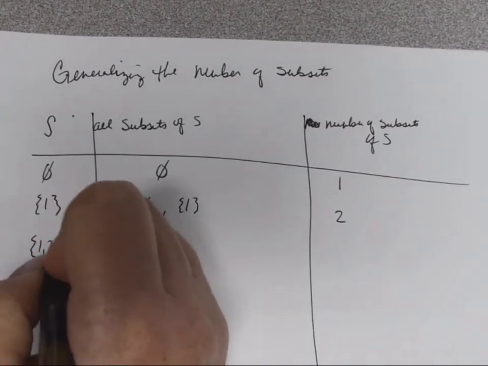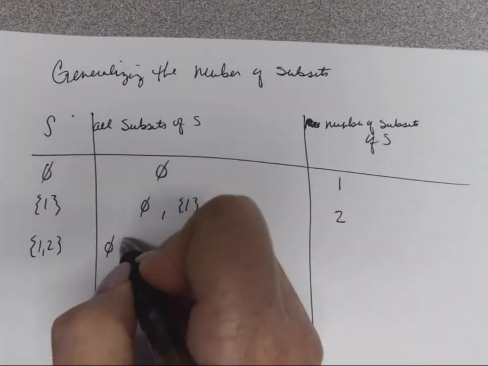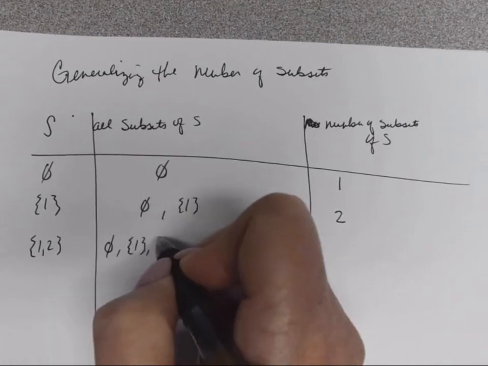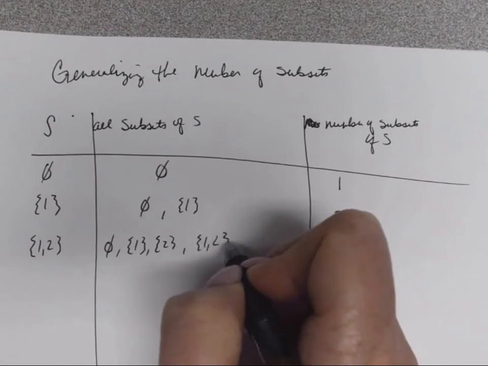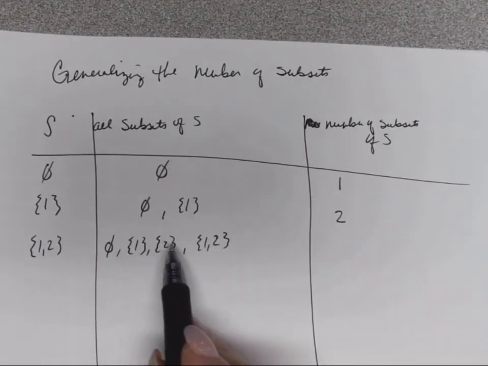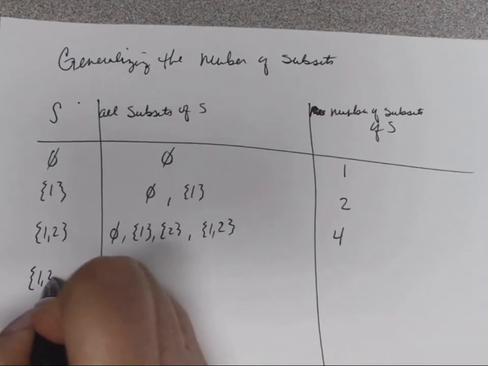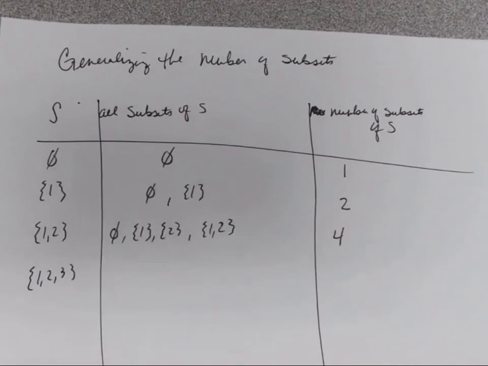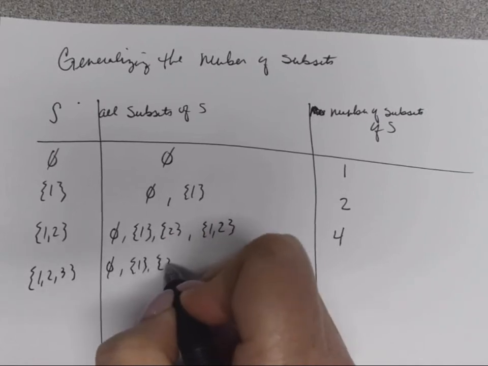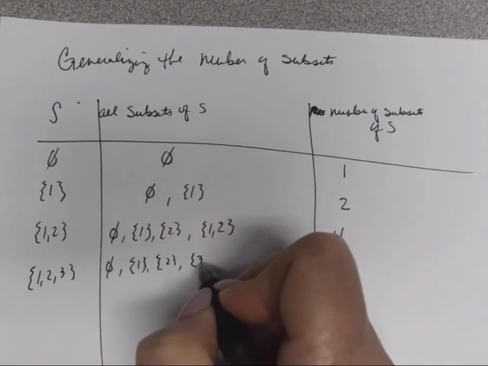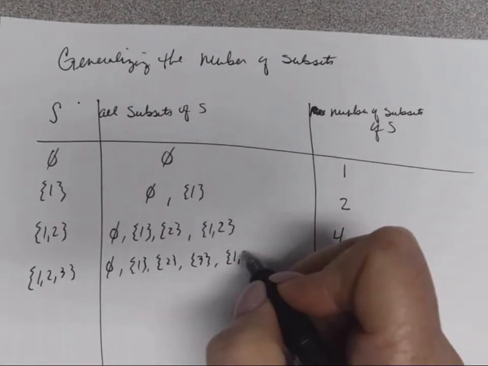If we have a set containing 2 elements, we would have the empty set, the singleton set of each one, and then the set containing both of them. So we end up with 1, 2, 3, 4. If we have a set containing 3 elements, then we have the empty set, a singleton set of each one, and the sets with 2 elements.